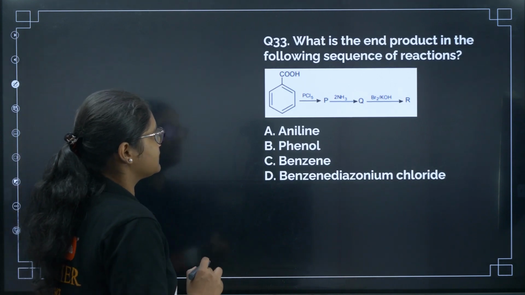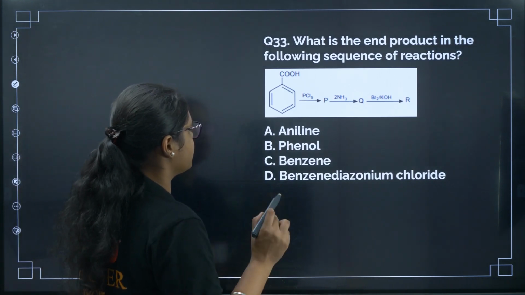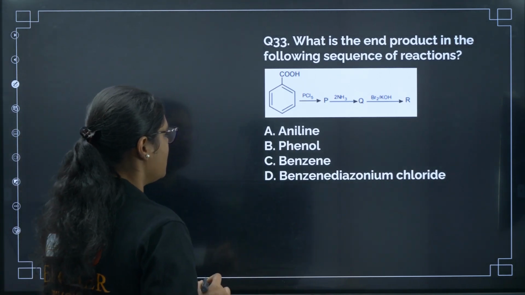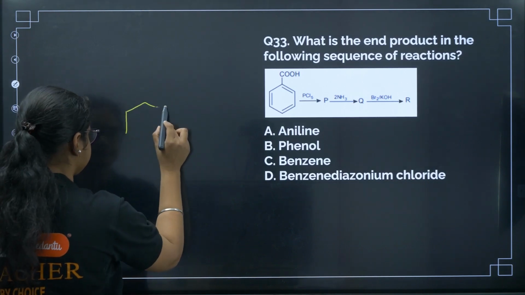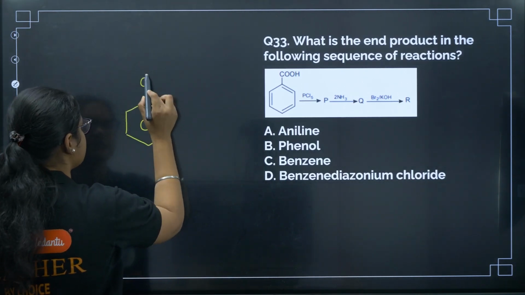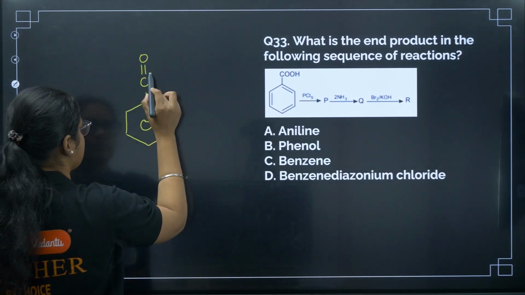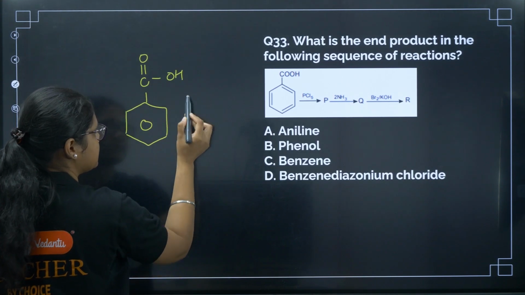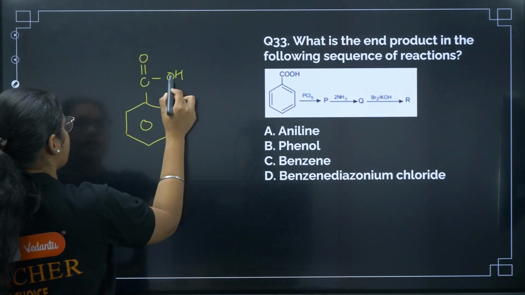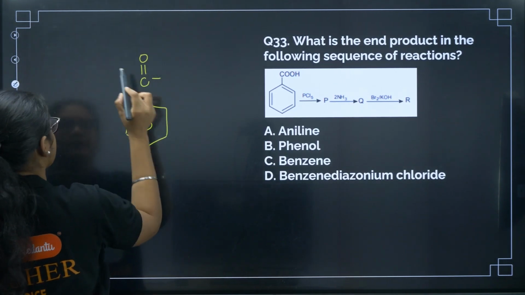Now the next question, number 33: which is the end product in the following sequence of reactions? First you have C6H5COOH, that is your benzoic acid. When you treat it with PCl5, the OH group will be replaced with a Cl group.